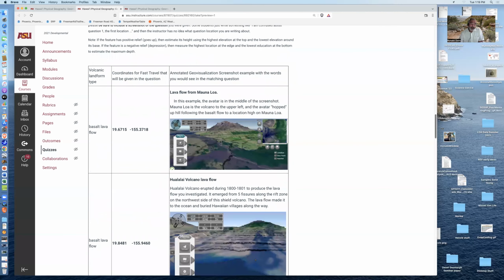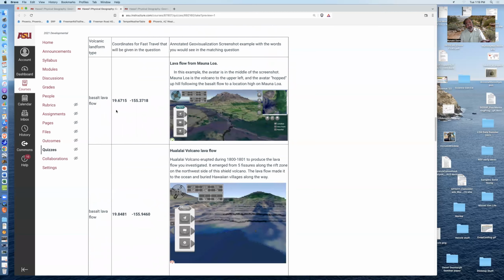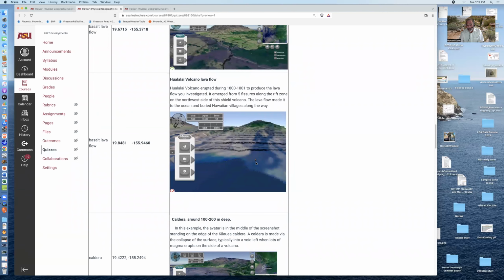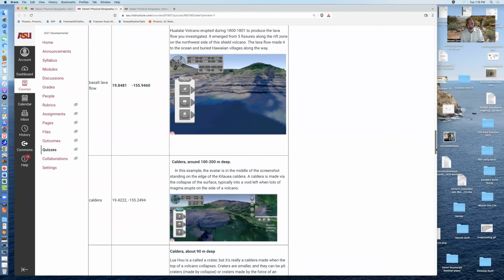What you'll do is be taken to an example of a basalt lava flow on Mauna Loa, and in the game you can run back up to the top of the lava flow to determine its source, the original volcano. Or this one from the Hualalai volcano, where your avatar can literally follow the lava flow back up to identify the source volcano.